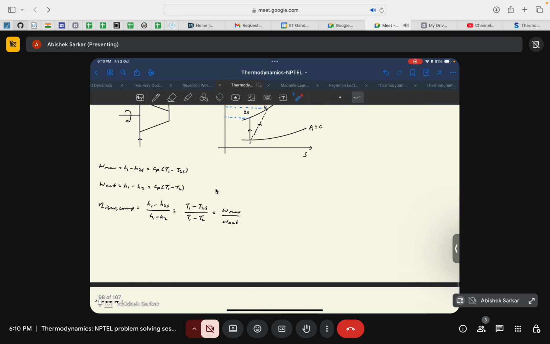That's why the isentropic efficiency can now be written as (H1 minus H2s), that is the reversible work done, divided by the actual work done. Okay, and if you consider it to be a function of temperature only, with the working fluid an ideal gas, you can represent it in terms of the ratios of temperature change as well. So we can write (T1 minus T2s) divided by (T1 minus T2), which will be given by the ratio of the reversible work done to the actual work done in the case of a compressor. Okay, so I think you get it now, how to understand the concept of isentropic efficiency.